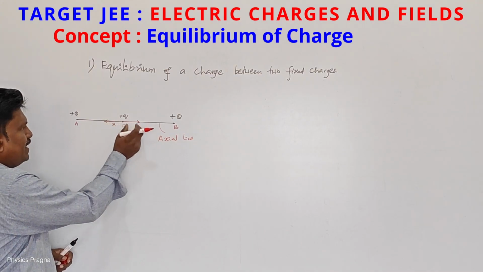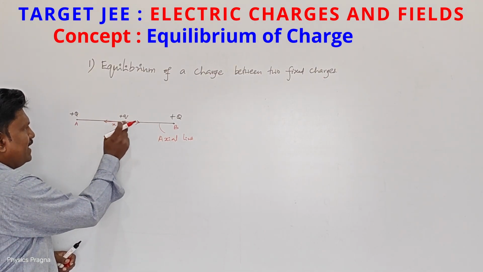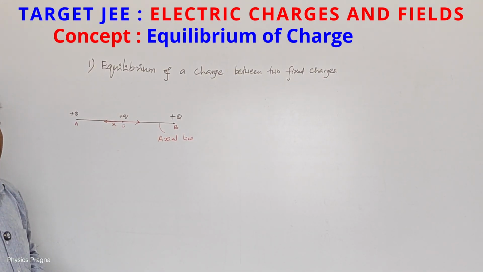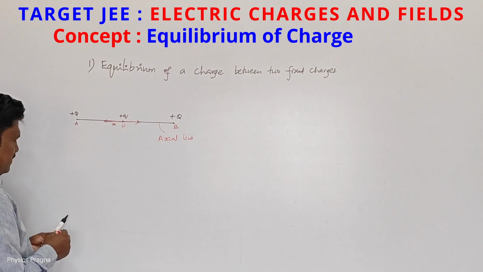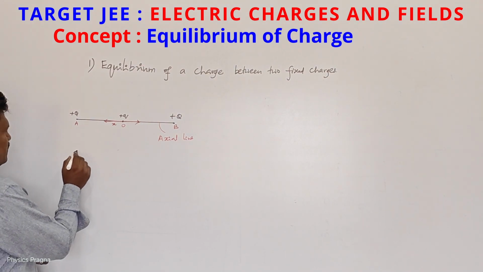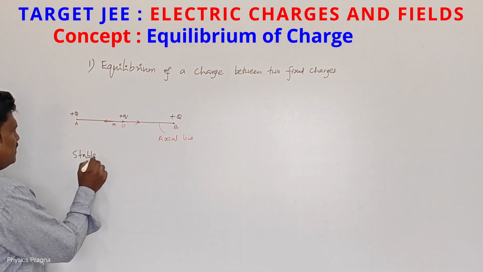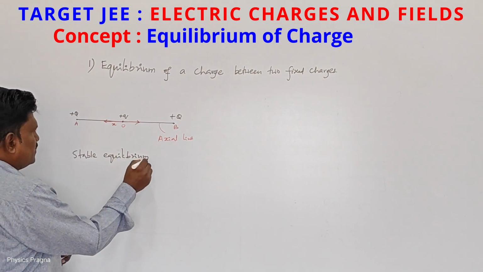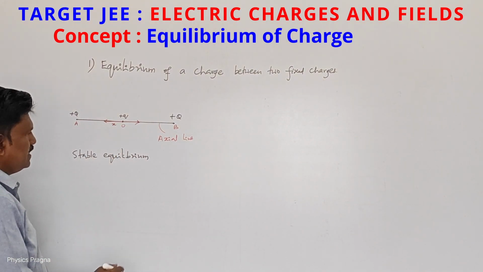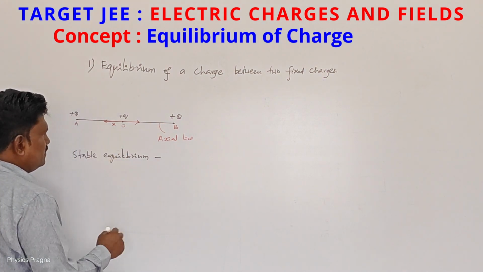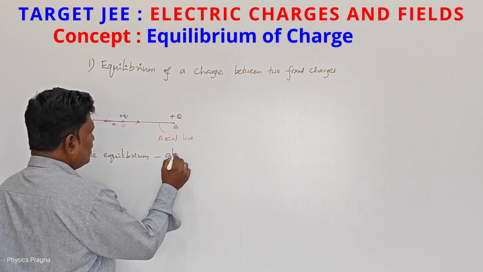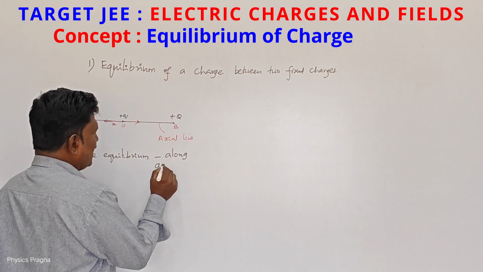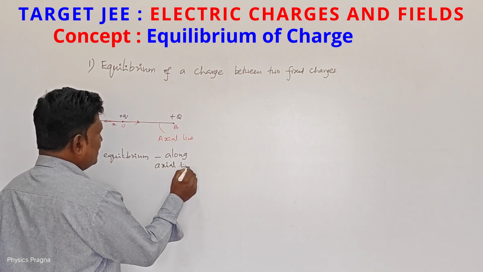This charged particle is oscillating on the axial line and coming back to its mean position after some while. So it is in stable equilibrium. For this system, the stable equilibrium of this positive charge plus small q lies along the axial line.